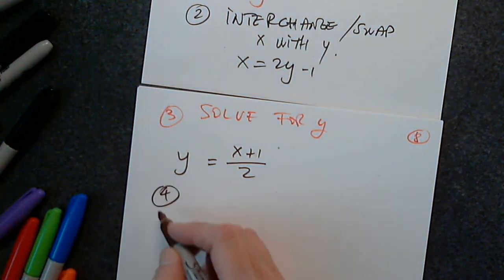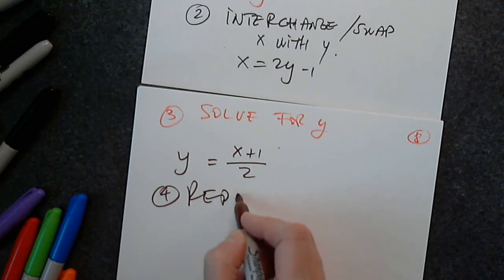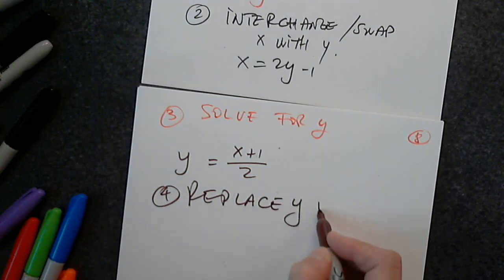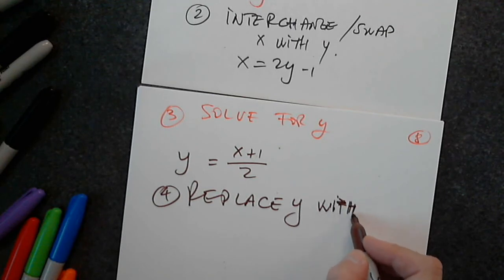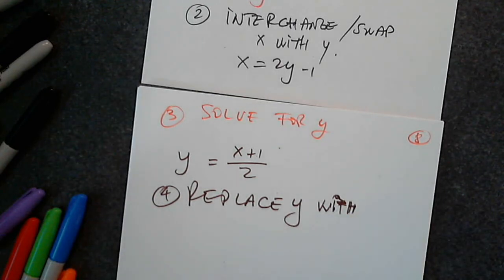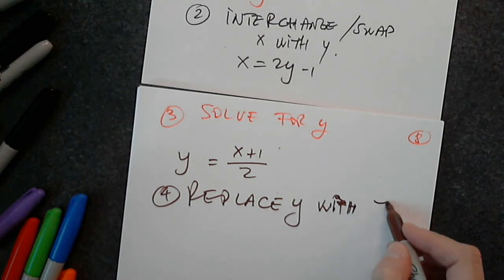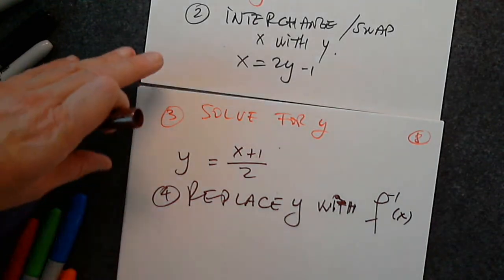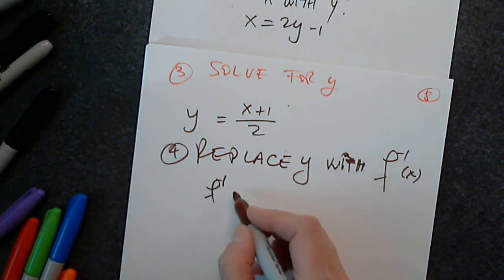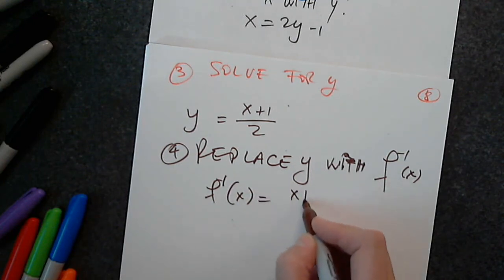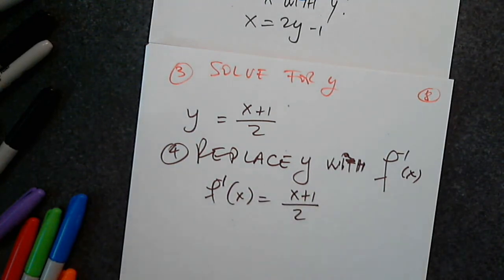And finally, number 4, we replace y with which notation? F inverse. Because now this new y is the notation f inverse of x, exactly what I'm looking for. So f inverse of x equals x plus 1 over 2.